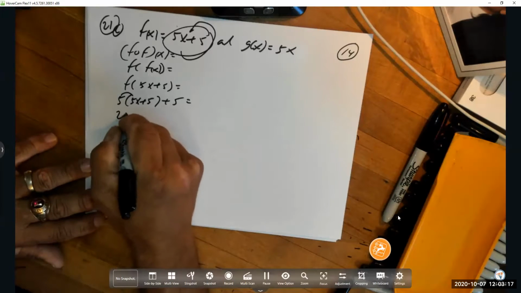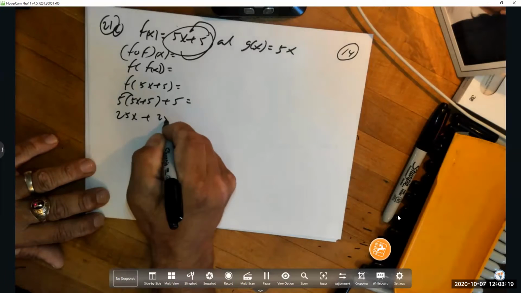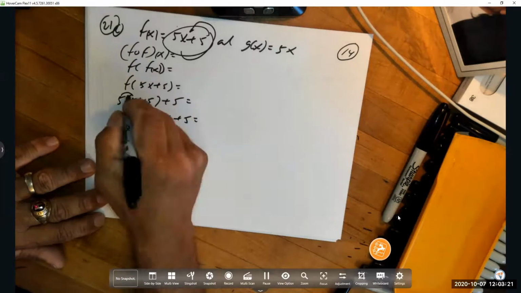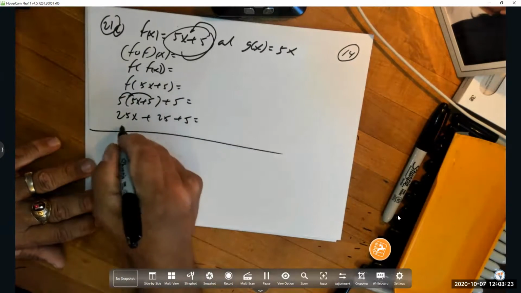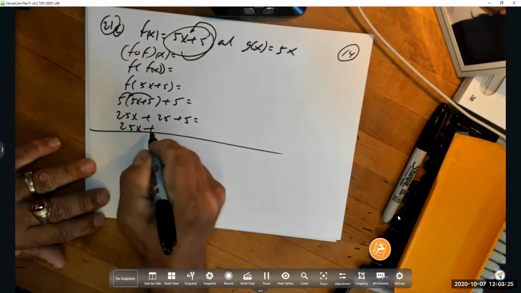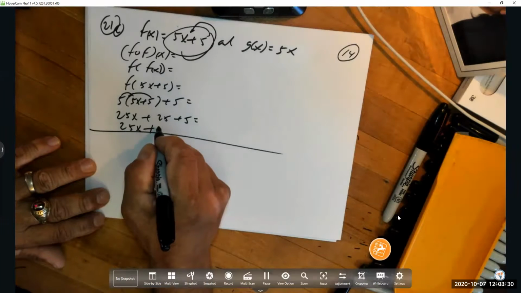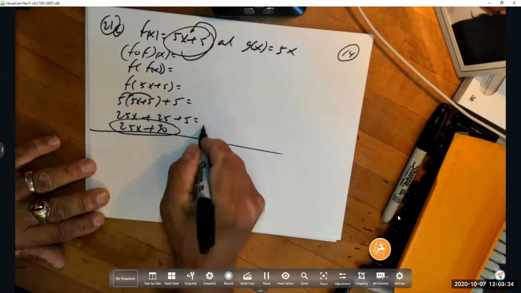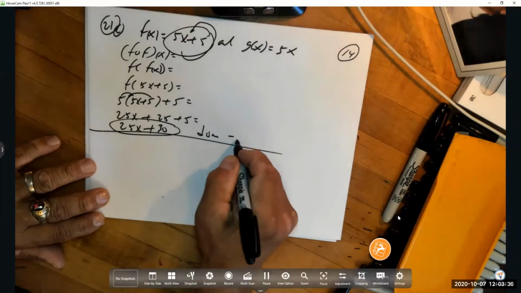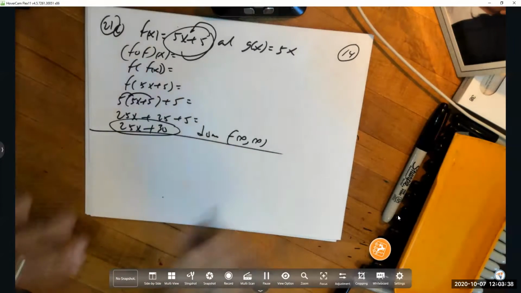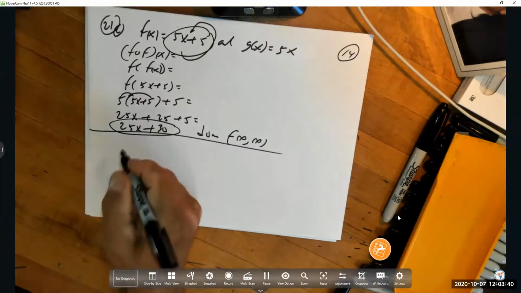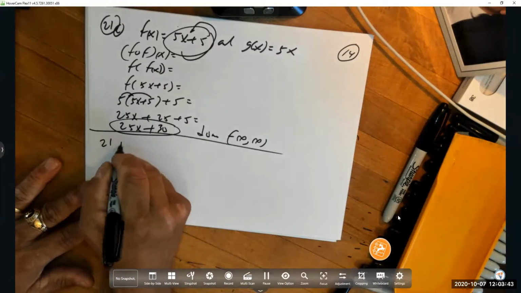Okay. 25x plus 25. And can I add those together? Yes. 25x plus, you tell me that number. 30. Yeah, that's it. And the domain is infinity again. Like that.